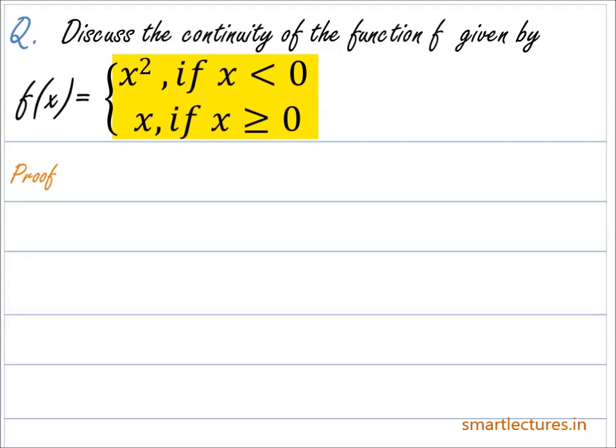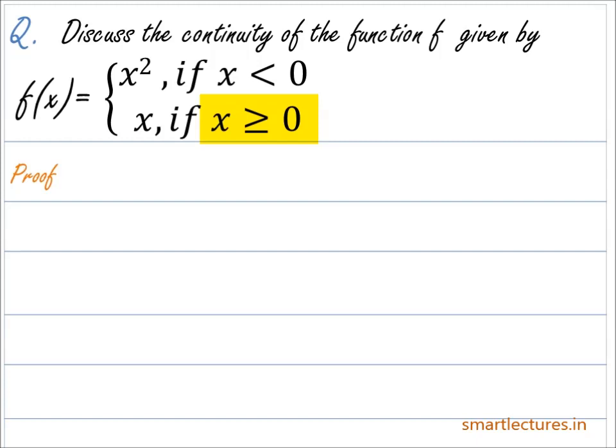And now if you look carefully at the definition of this function, we can divide the domain of this function into three disjoint or three separate cases or three separate regions. In the first case, x is less than 0, in the second case x is equal to 0, and in the third case x is greater than 0.